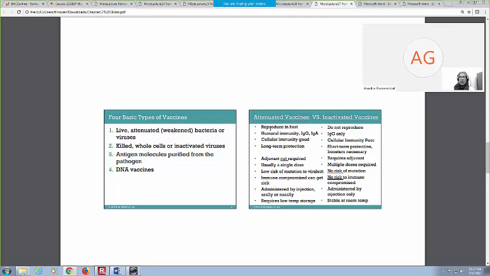So attenuated vaccines are those live in that they can still reproduce, but they're weakened. So they're not going to cause disease.